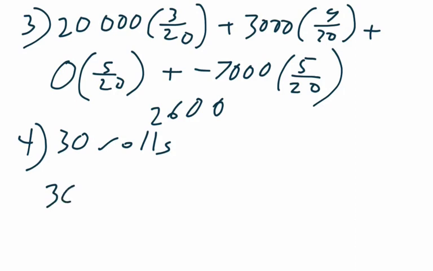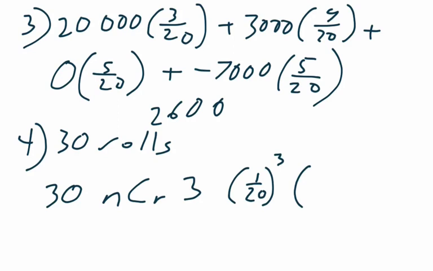So we're going to do 30 nCr 3. The chances of getting a 7 are 1 out of 20, and I want 3 of those, and I want 1 minus 1 over 20, and I need 27 of those, because that means we got 3 successes and 27 failures.